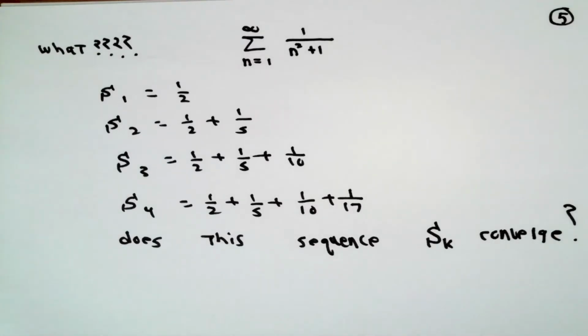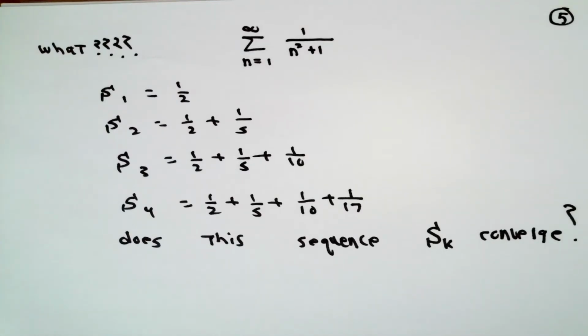As an example of this, let's look at the sum from n equals 1 to infinity of 1 over n squared plus 1. When n is 1, the term will just be 1 over 1 squared plus 1. S number 1 is 1 half. S number 2 will have, in addition, 1 over 2 squared plus 1, 1/5.